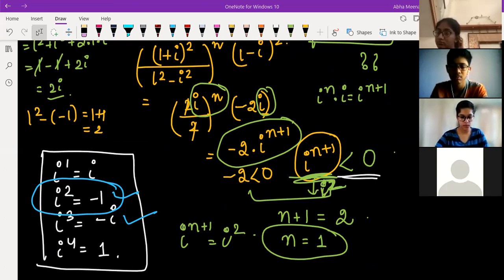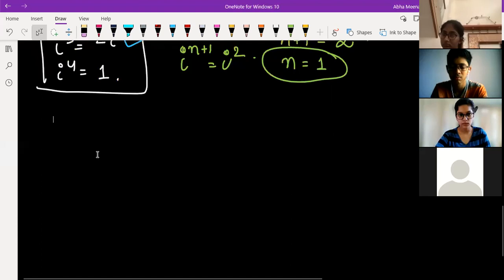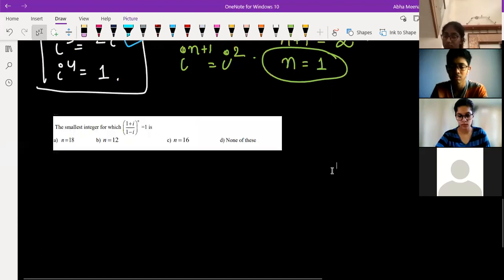And let us see. Similar to this question. Will you all try? Ready to try? Similar to this. The smallest integer for which this part is equals to 1.